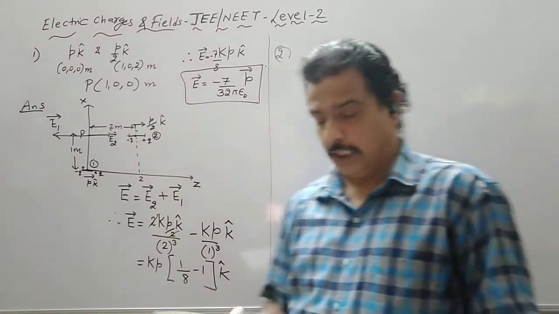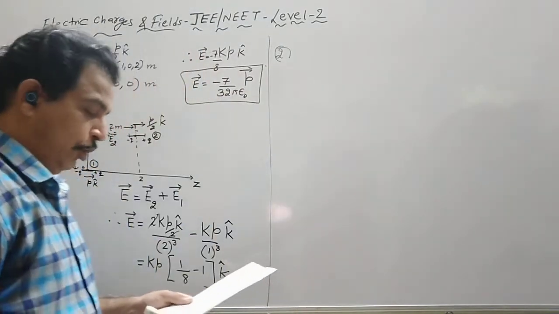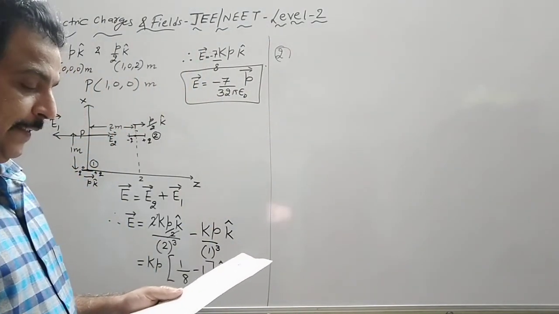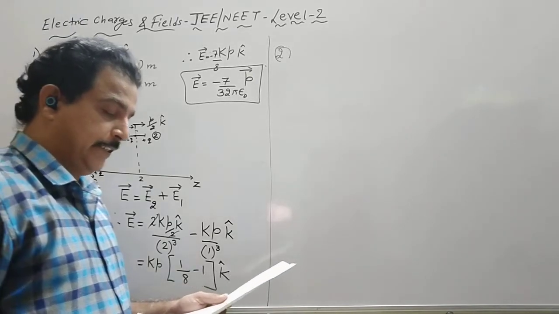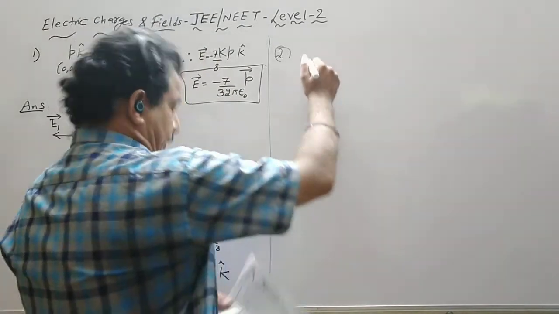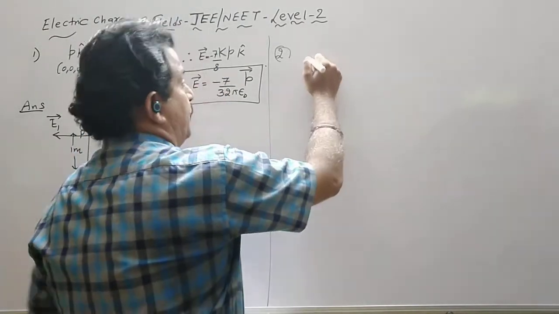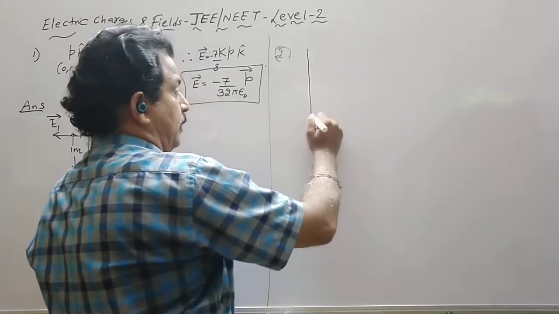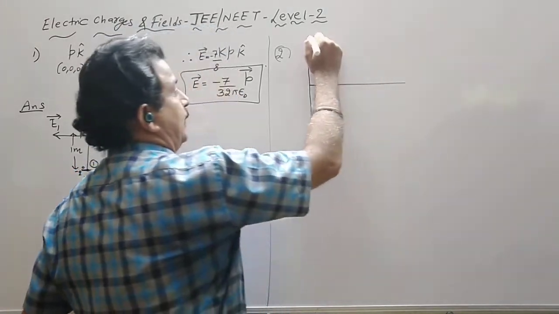We have a continuous line of charge of length 3d lying along the x-axis, extending from x equals d to x equals 4d. The diagram is also given. This is your y-axis.